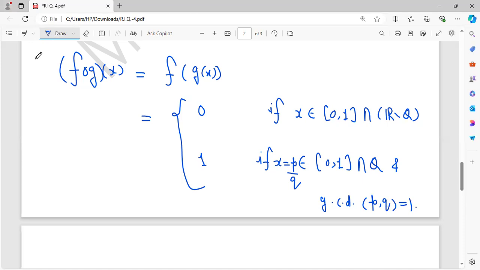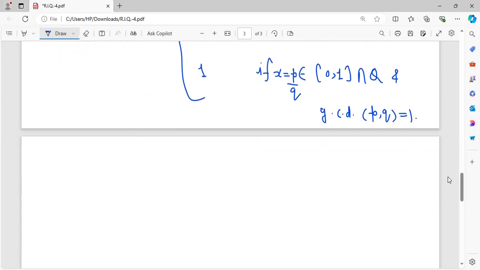So see that it means the f composed g function is the Dirichlet function. So f composed g is what function?